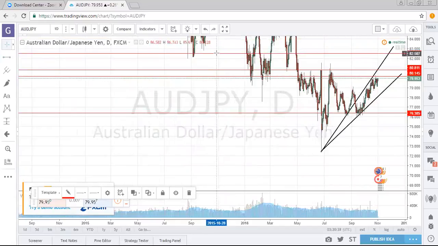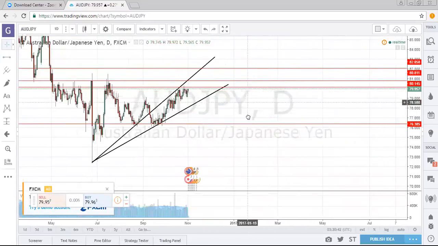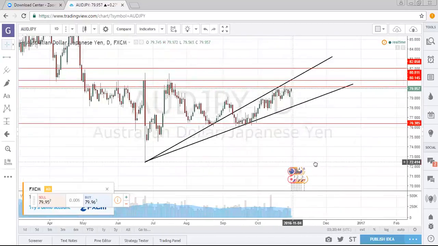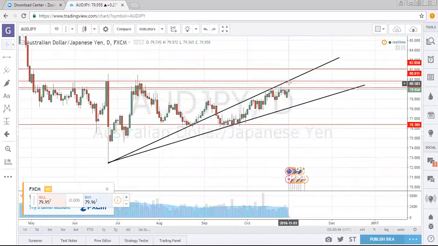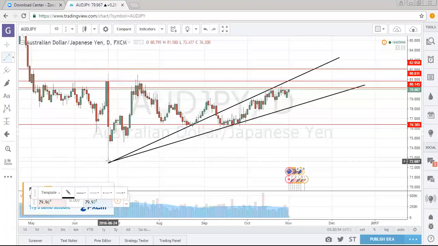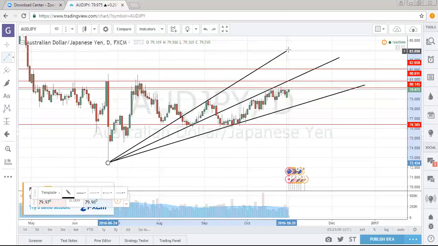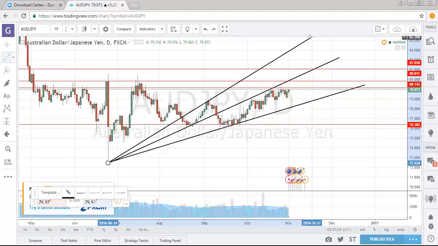I don't think it'll reach, but let's say it breaks these levels and it breaks this trend line right here. Okay, this is where my necklines come in. Breaks that upper trend line. So I'm going to see that this invisible trend line right here would be that next level.